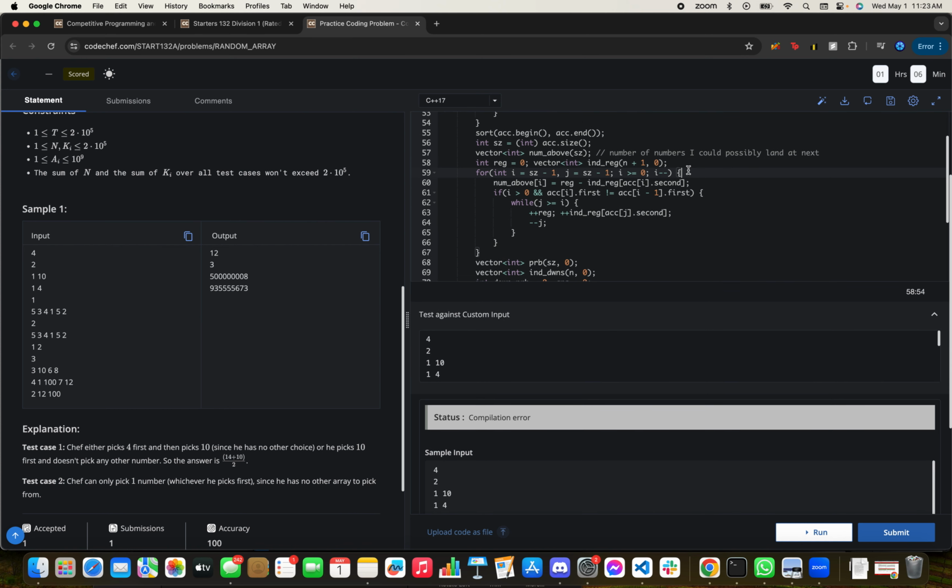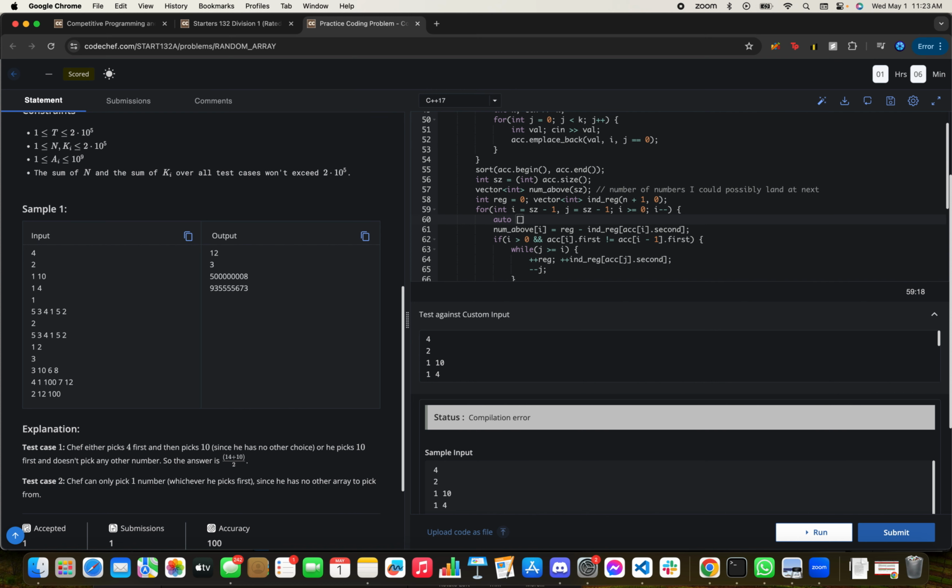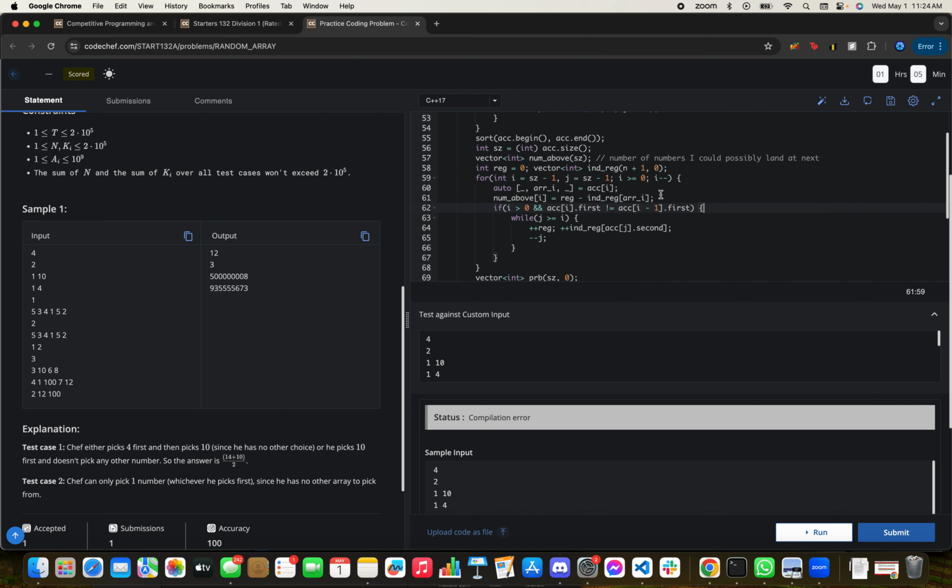That second, okay. Okay, I think we just need to do tuple access. It's kind of annoying, but yeah.